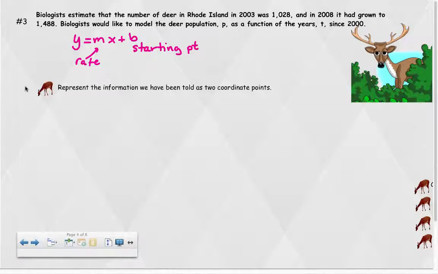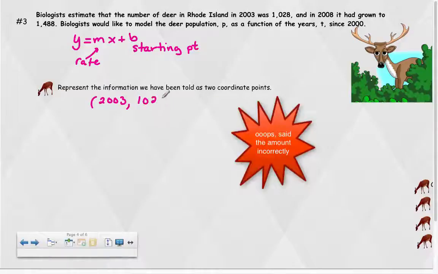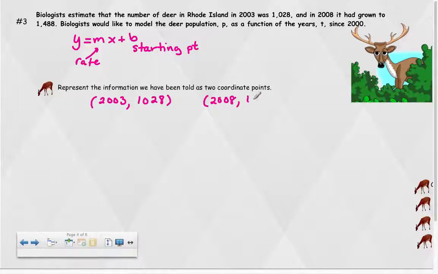So first off, we have two coordinate points we can pull out of this. We can say that in 2003, we had 1,028 deer. And in 2008, it went up to 1,488. But there's another really key piece of information in here: since the year 2000.